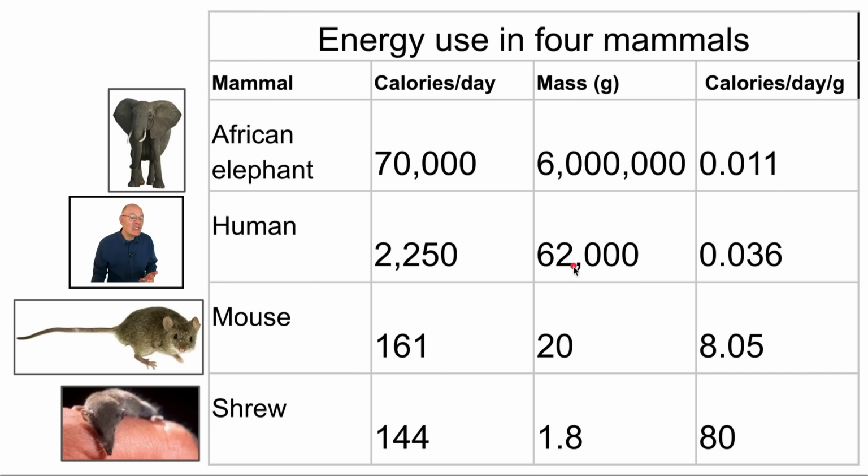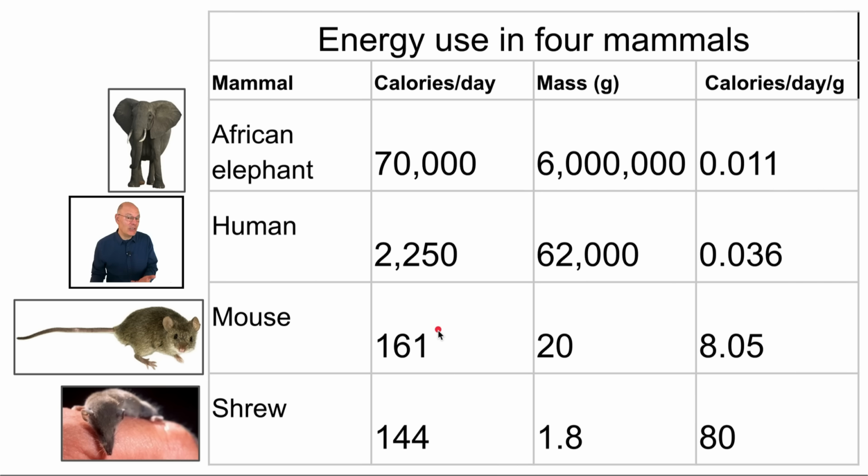Its mass is about 62,000 grams, and that divides out to about 0.036 calories per day per gram. So you can see that as the mass is going down, the amount of energy in calories per day per gram is going up. Now let's turn to a mouse.